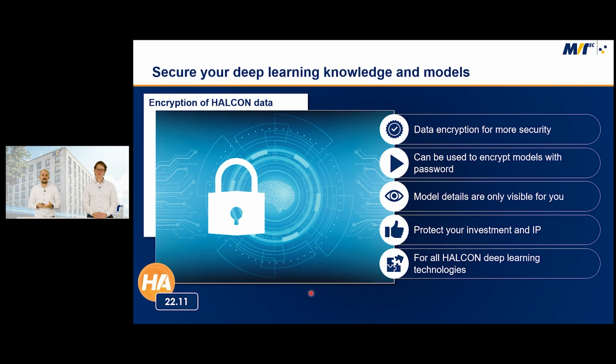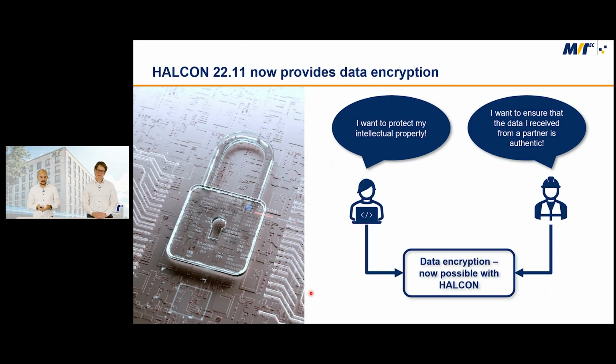And this is one use case for this new feature, where you can use a password mechanism to make sure that only you are able to modify and see your deep learning model, and therefore to protect your investment and your IP. And again, also for this topic, the details will be told by Jan.